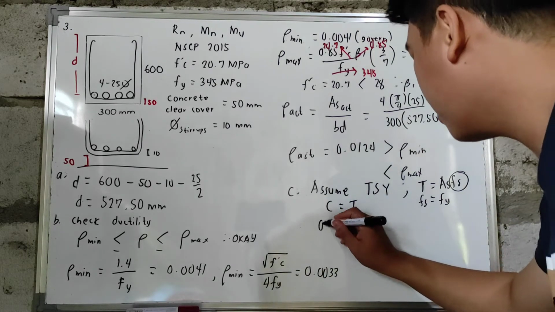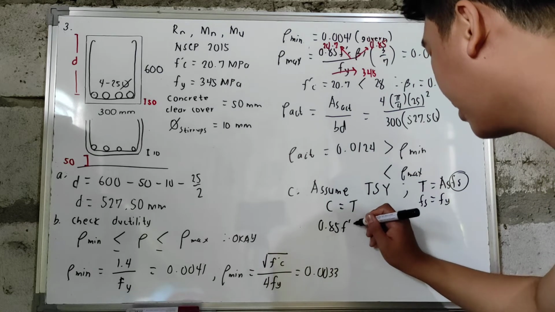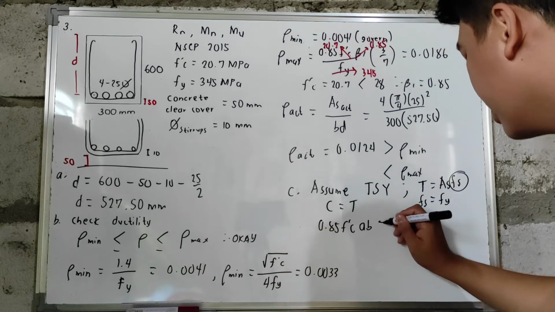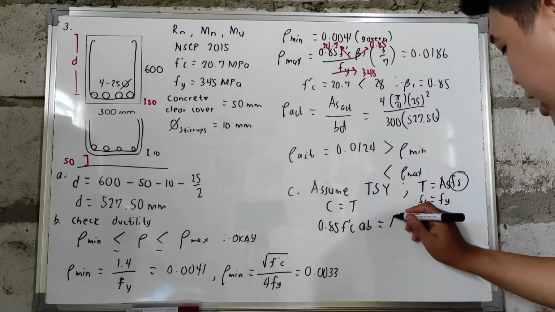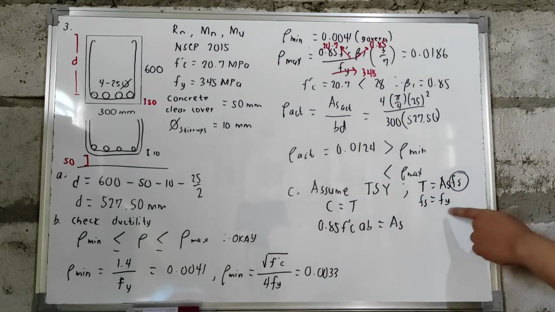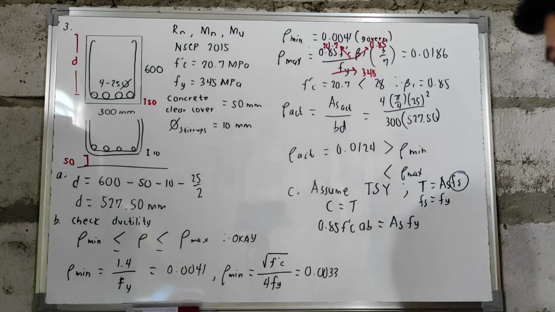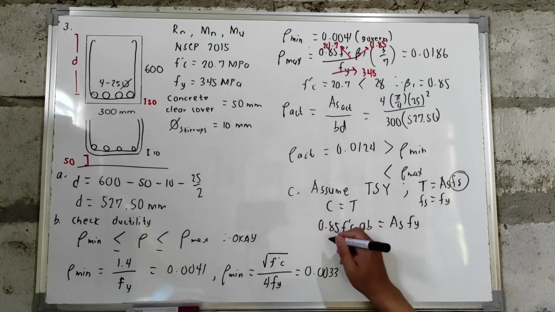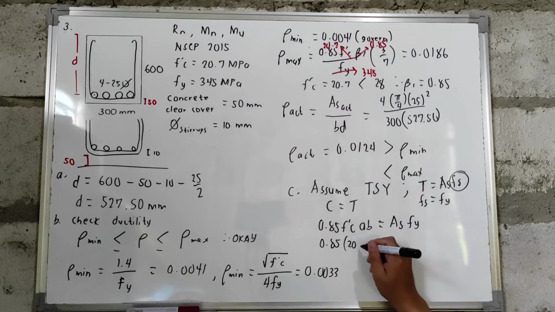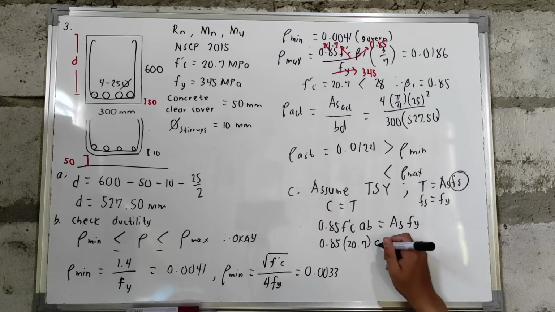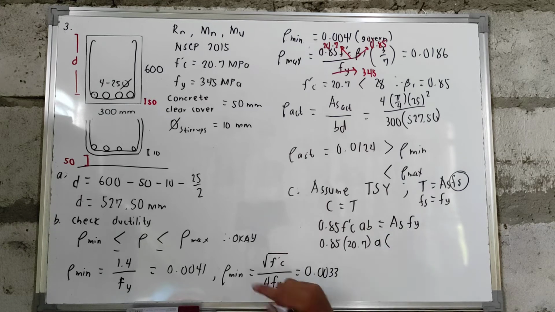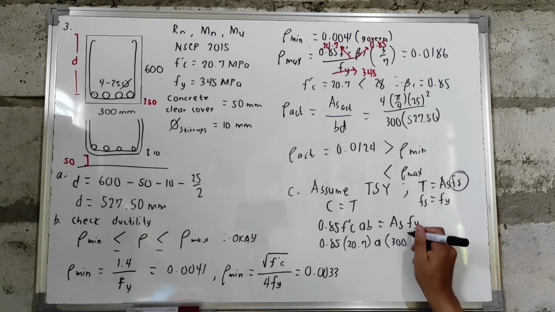So this is 0.85 F prime C a b is equal to yung ano natin, As. So instead of Fs, gagamitin natin si Fy. So substitute natin yung mga values natin dito. So you will have 0.85. Yung F prime C natin na 20.7. So yung a, yun yung hinahanap natin. Yung width natin na 300.